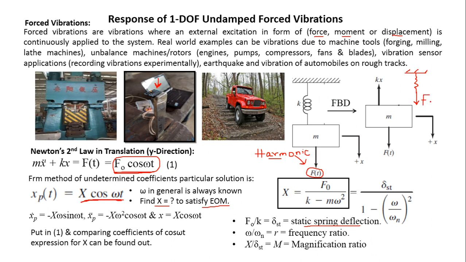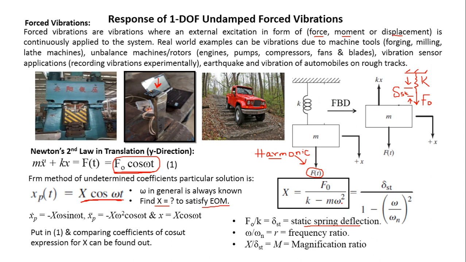When you do this, the spring will stretch by some amount, and that amount is simply the static deflection. So F naught upon k, if k is the stiffness of the spring, is delta st, the static spring deflection.